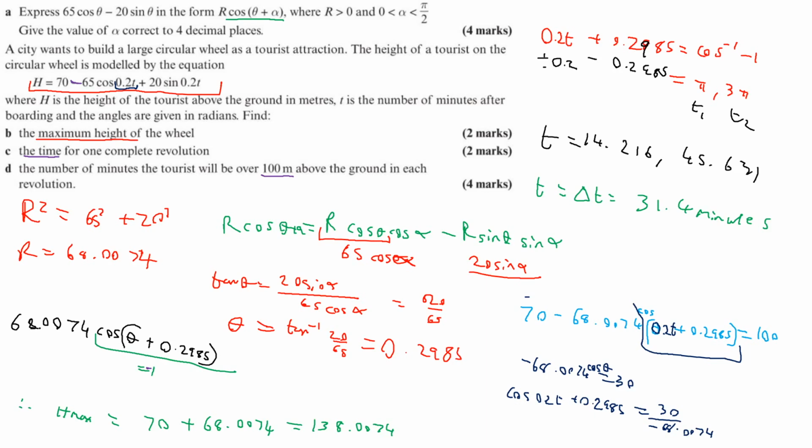So therefore, the inverse is going to be, so 0.2t plus 0.2985 is going to be 2.0277, and I'm just going to say 2 pi minus 2.0277, okay? Sorry, I'm running low on space.